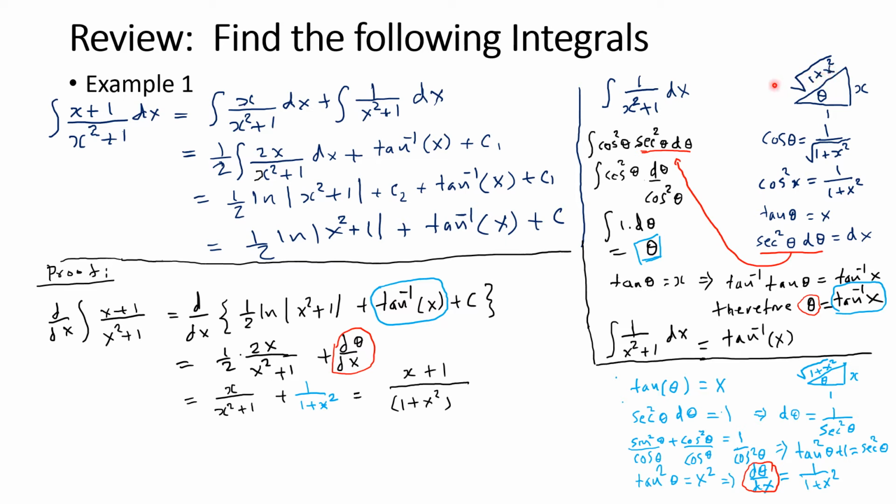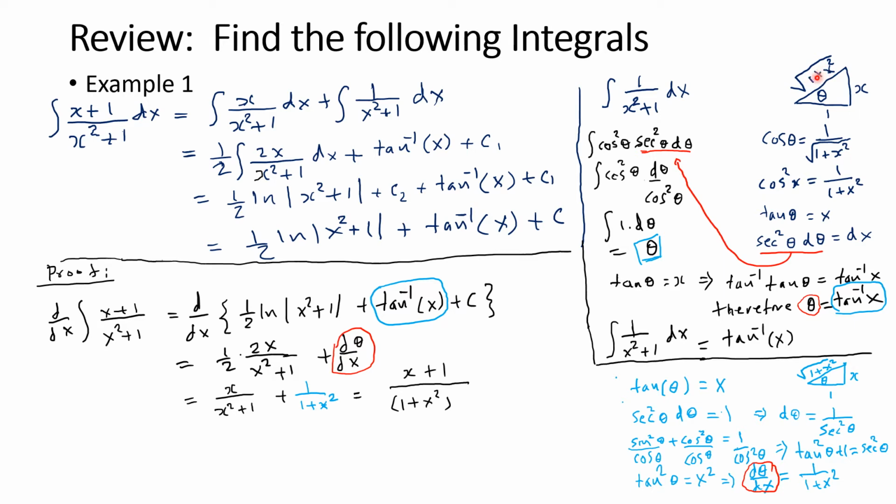Now we want to figure out a trigonometric function of this nature, and to do so, we get cosine, because cosine will give us 1 over the square root of 1 plus x squared.